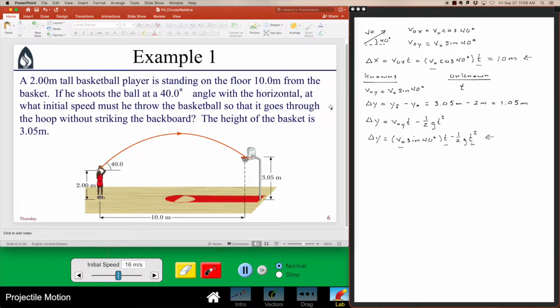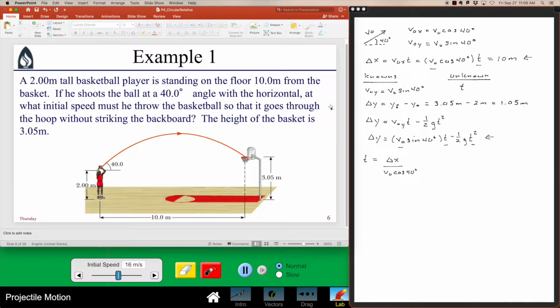So here, I'll go back to using delta x instead of 10 meters just because it'll save me a little bit of writing. If I solve this equation for time, then time is going to be equal to delta x, which is 10 meters, divided by V naught cosine of 40 degrees. Then I can take this expression for time and plug it in to these two places for my delta y equation.